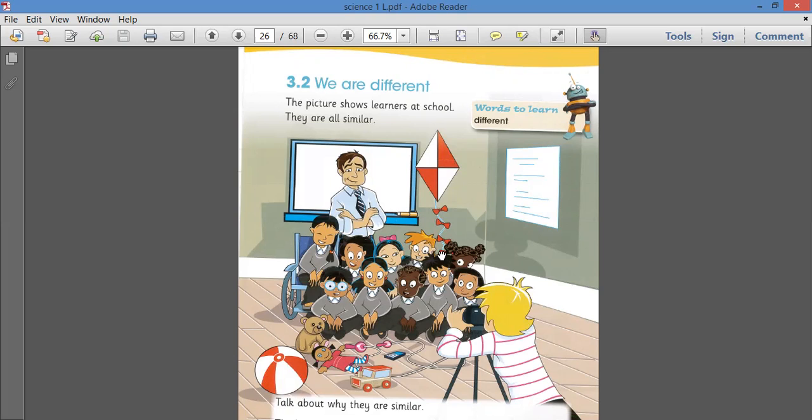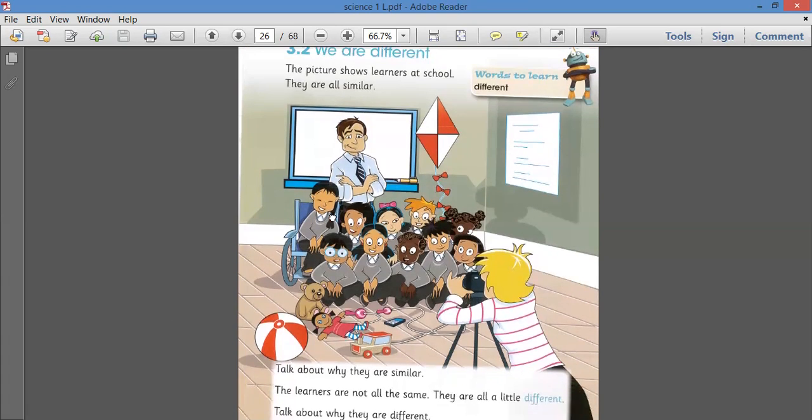Look, here are the toys. In front of them, there are toys. Maybe after they finish with the photo shoot, they are going to play with the toys. So these are their similarities.